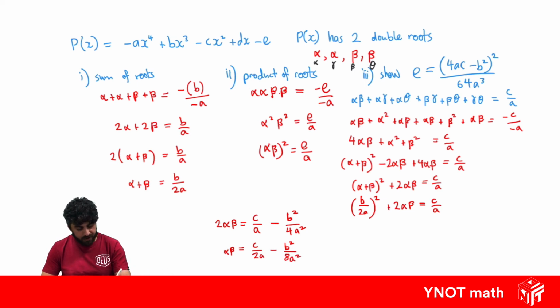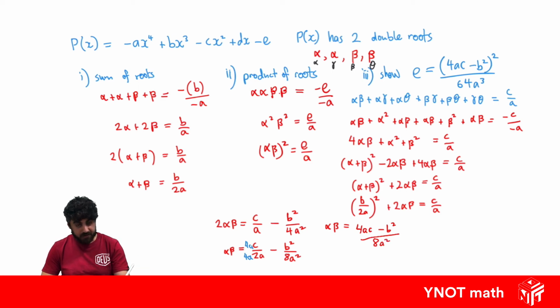Let's bring that right hand side together. So we can times our first fraction by 4A over 4A to make it have the same denominator. So then we're going to get 4AC minus B squared over 8A squared.